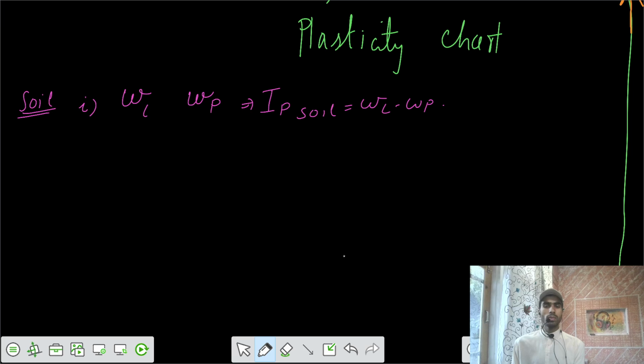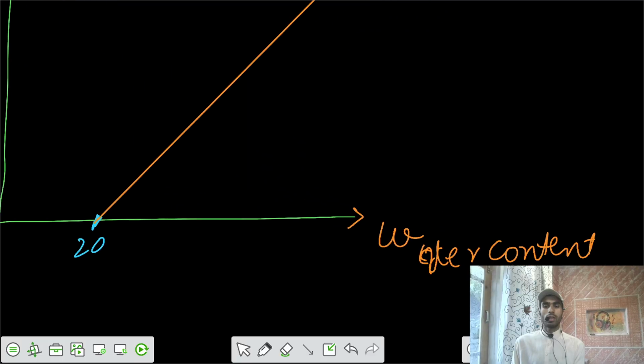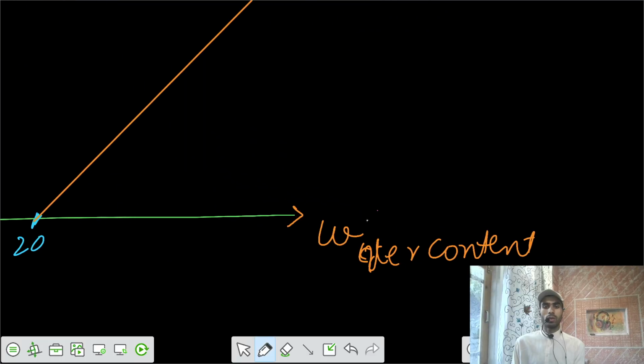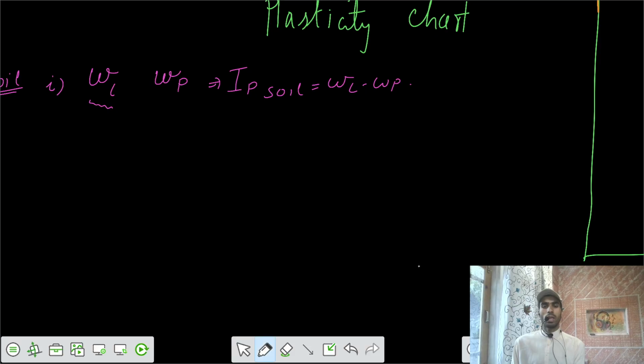Now there would be some value corresponding to your liquid limit. This equation is for the liquid limit. This water content is about the liquid limit. This is WL. So corresponding to your WL, you would be having this IP value somewhere.